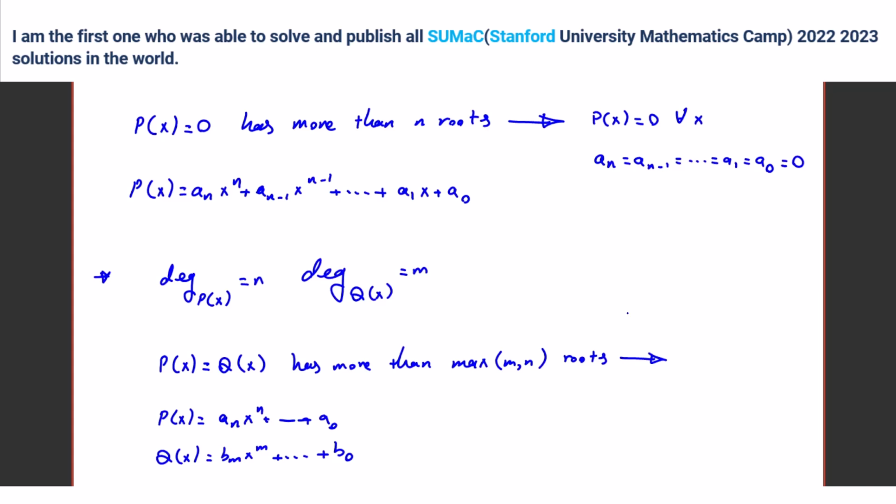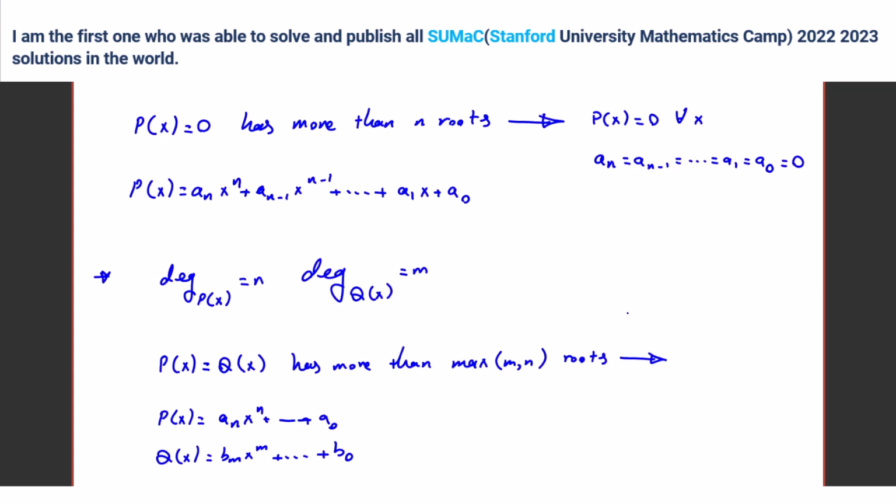Well, q(x) minus p(x) has to be 0. So n equals m, and all the coefficients are the same.